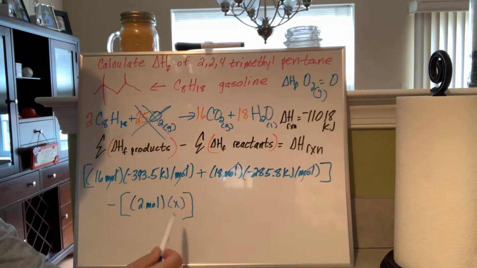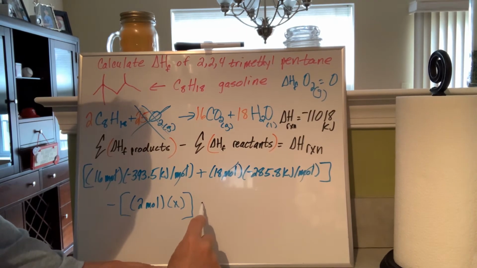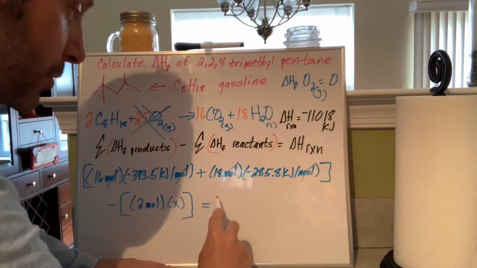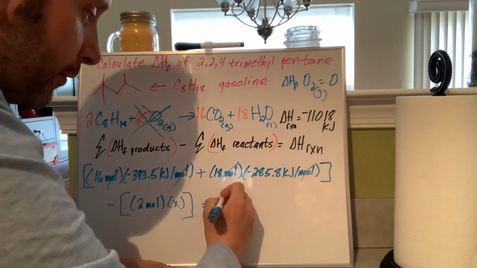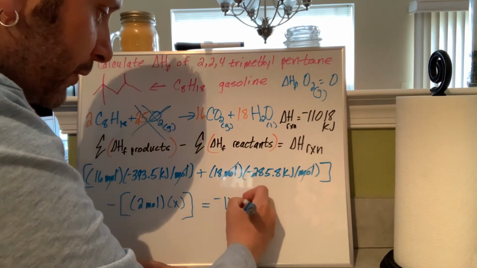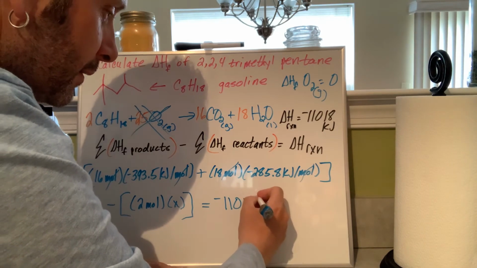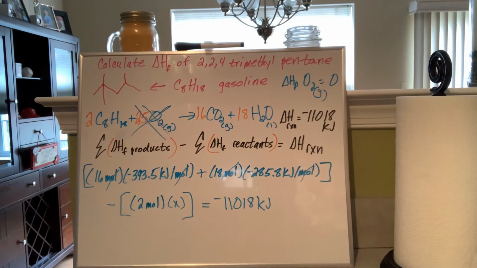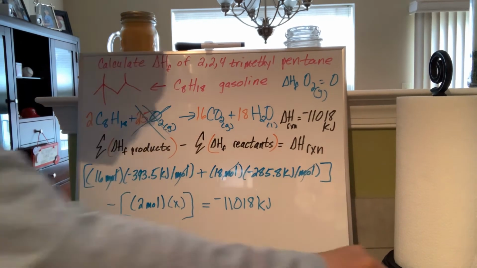All right, and that equals the delta H of the reaction. Well, I have the delta H of the reaction. It's negative 11,018 kilojoules.